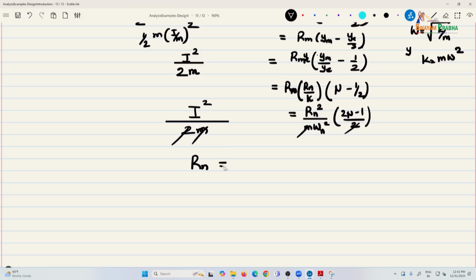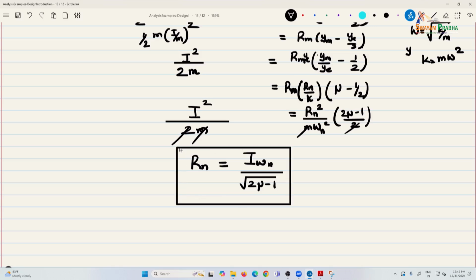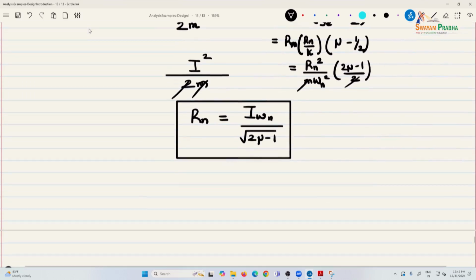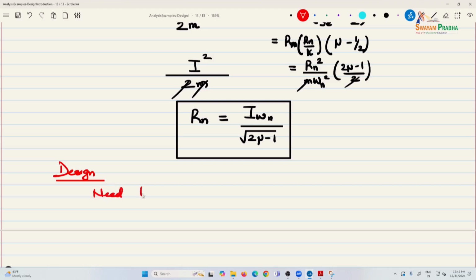Rn is a function of I omega n divided by square root of 2 mu minus 1. So in design now, we need Rn.